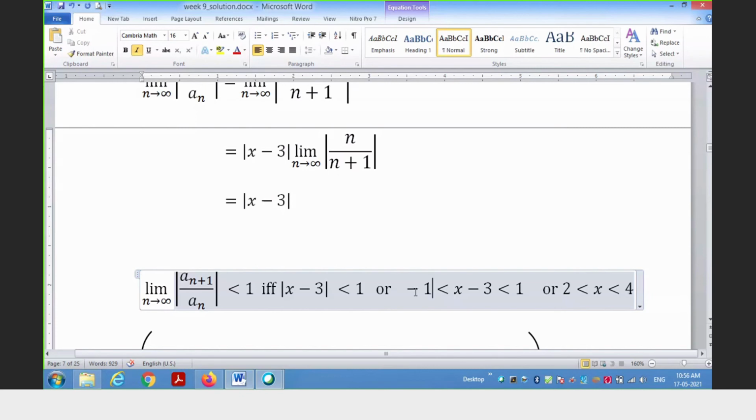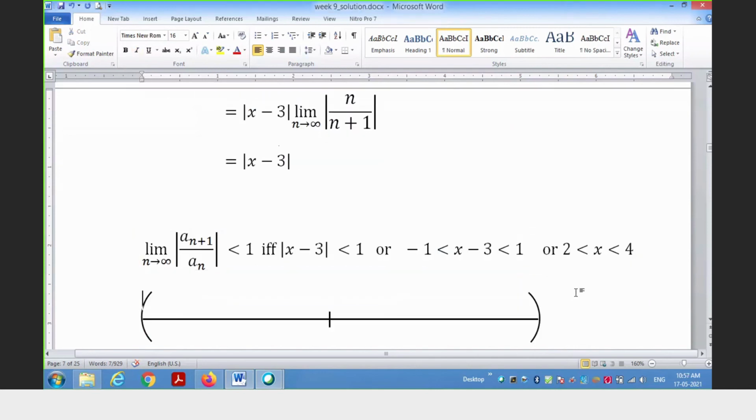That's why we have minus 1 plus 3 which is 2, and 1 plus 3 which is 4. So x is between 2 and 4.